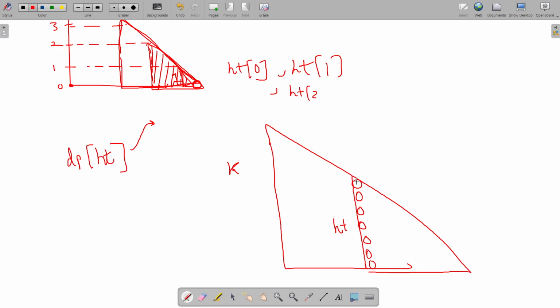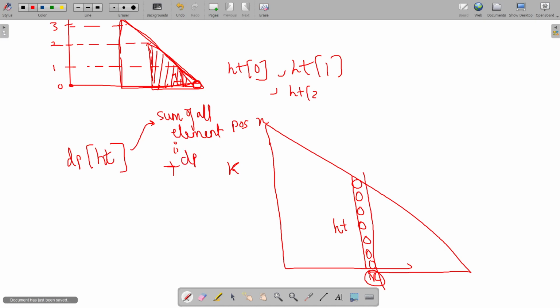So dp of height would be the sum of all elements in position x, whatever this index is, let's call this some x value, plus, now what we are left with, we have already looked at these, so now we are left with a smaller triangle. So this would be plus dp of height minus 1.